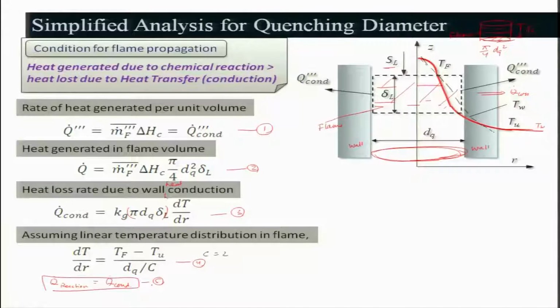I will substitute these values here: the heat generated in the flame volume is m dot triple dash F delta S C pi by 4 dq square delta L, is equal to kg pi dq delta L into Tf minus Tu over dq by C.